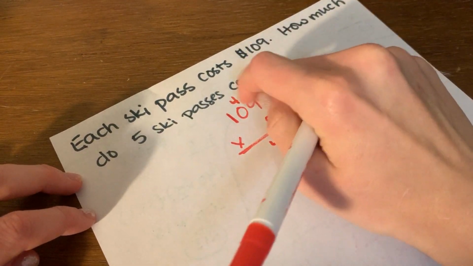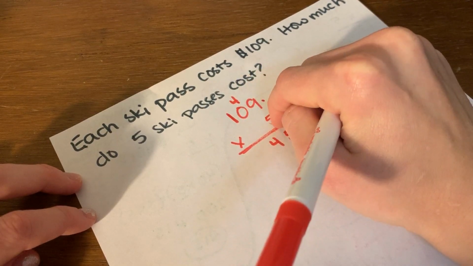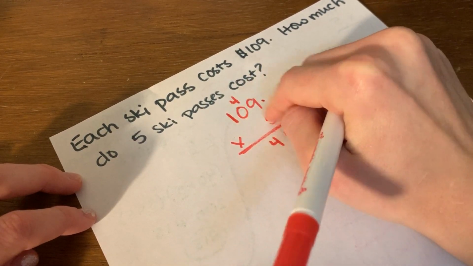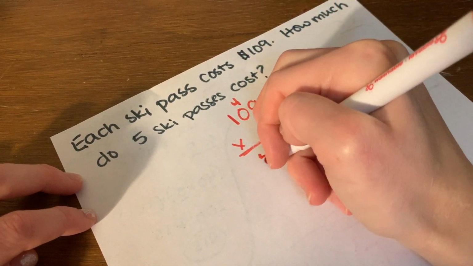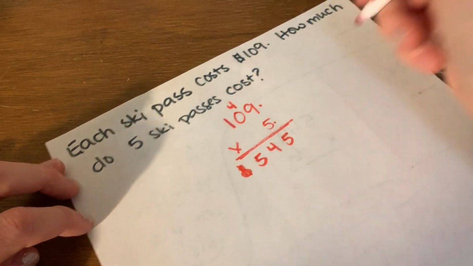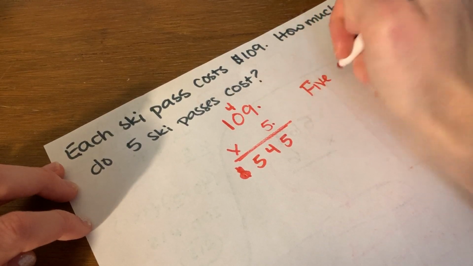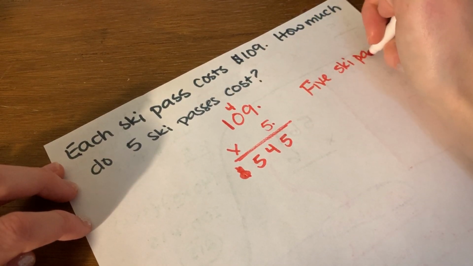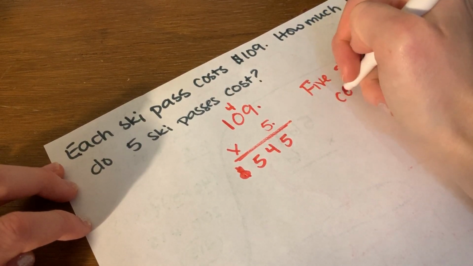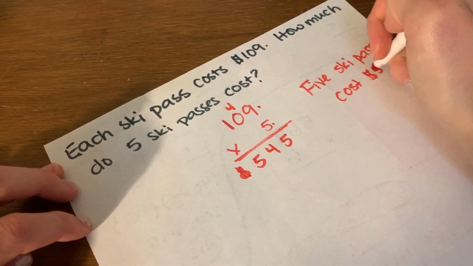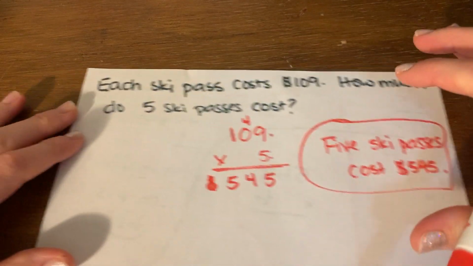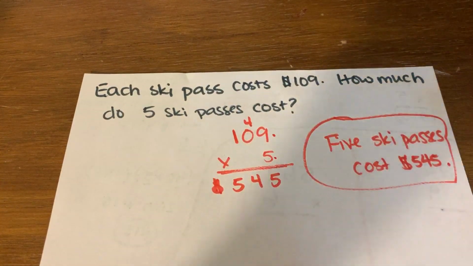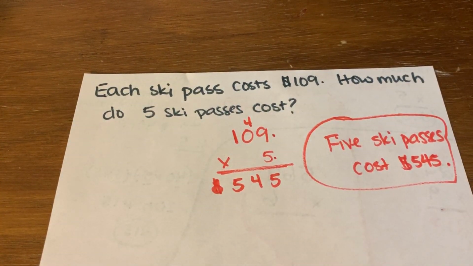So 0 times 5 is 0. Add 4. This is a 4. 5 times 1 gives me 5. 545. So I can say 5 ski passes cost $545.